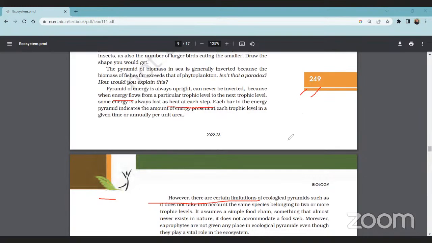The producers give the most energy, and when it passes to the herbivores, and then to the primary and secondary carnivores, the consumers at each step utilize some energy, so the pyramid is upright.